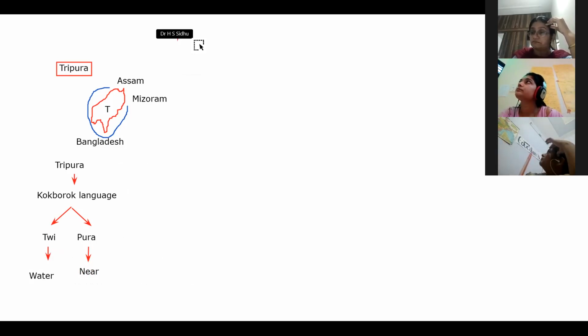The state of Tripura extended up to the Bay of Bengal.